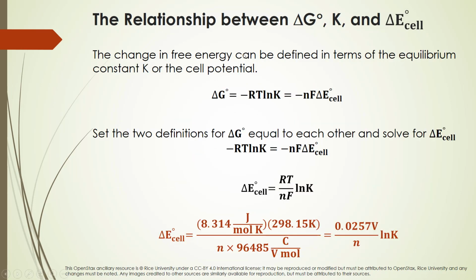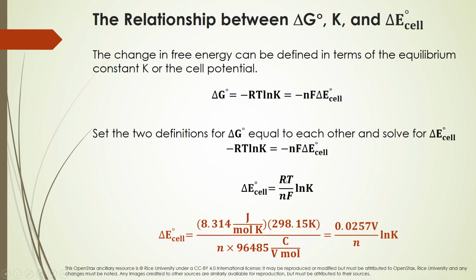Now, let's continue with the free energy and our 2 definitions. In the thermodynamics chapter, we saw this definition also. So delta G is negative RT natural log of K. And remember, K is the equilibrium constant. And of course, here's the definition we just derived. Now we're going to set those 2 equal to each other, and we're going to solve for the cell potential.